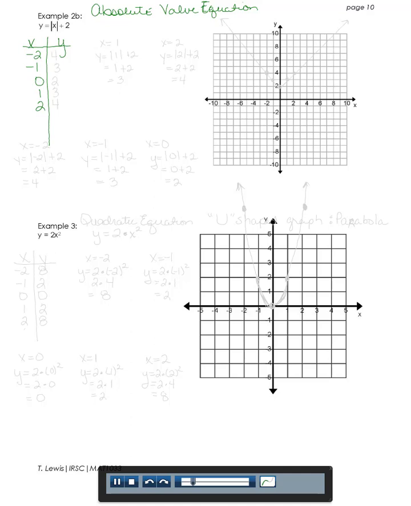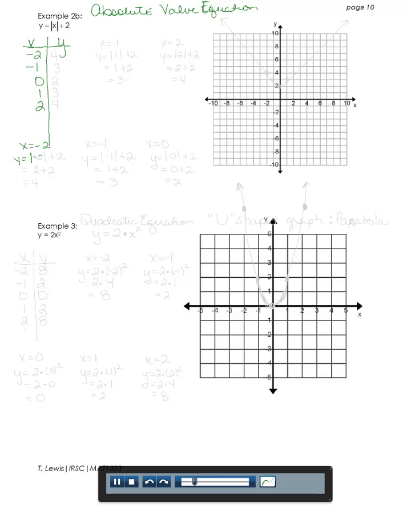Do you have yours from last week? All right, so let's substitute quickly. When x is equal to -2, let's take the equation. Y is equal to the absolute value. I'm not going to write the equation because you already see it there. Where we see x, we're going to plug in -2.